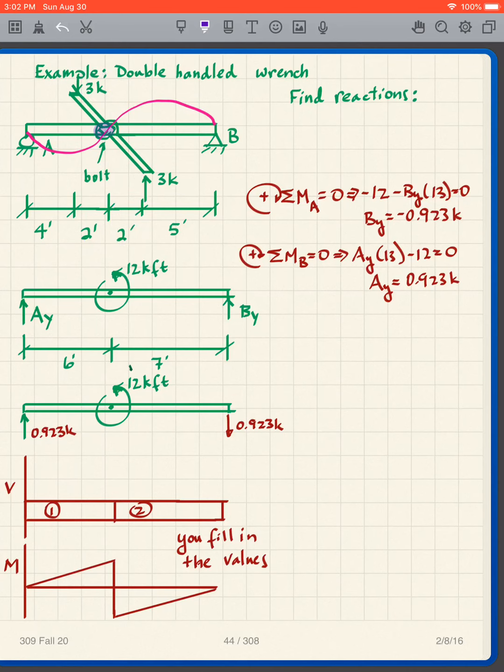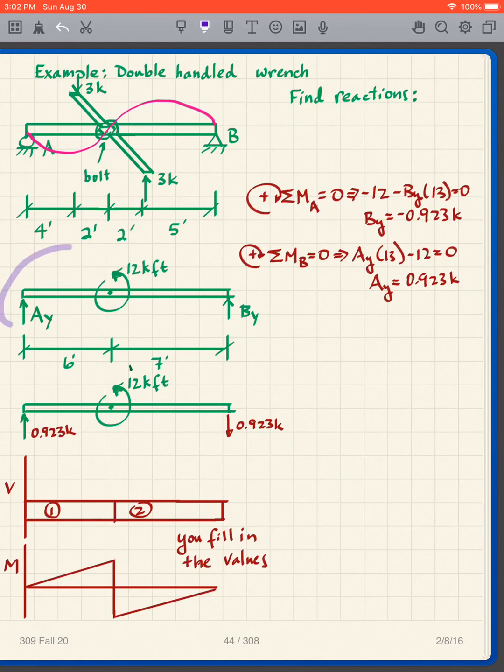And I don't want to have this wrench on my beam. I'm analyzing the beam, not the wrench. So instead of showing the wrench, I want to show the concentrated moment caused by that wrench, the twisting of that wrench. So I put in my 12 kip feet like that.